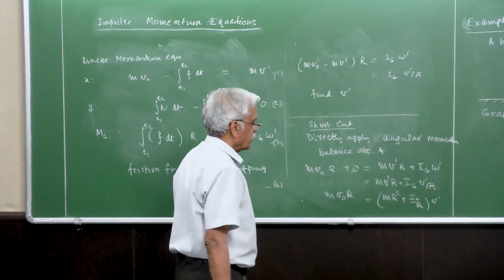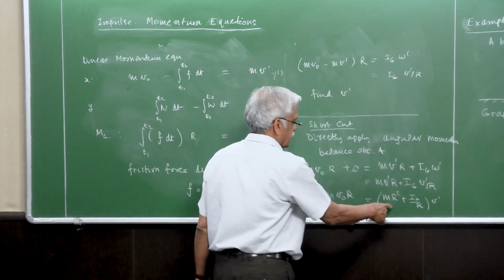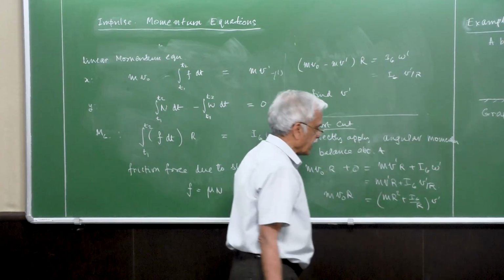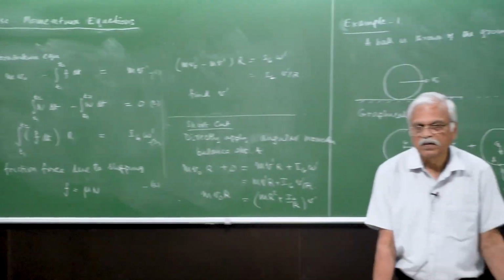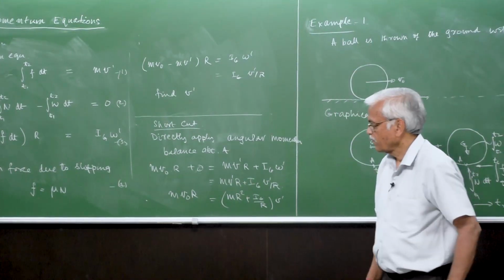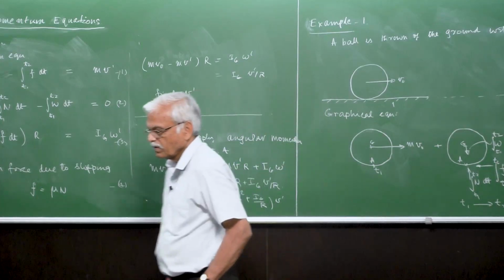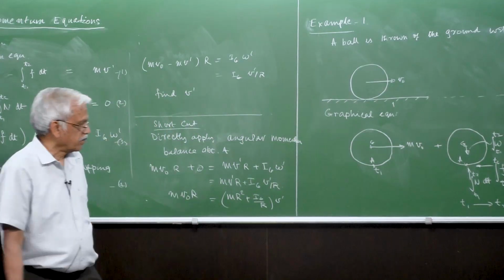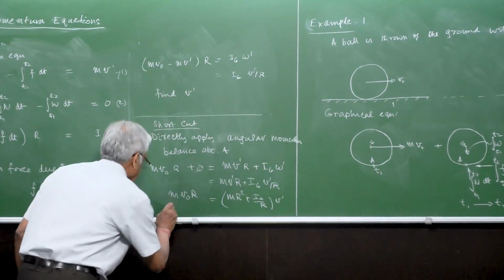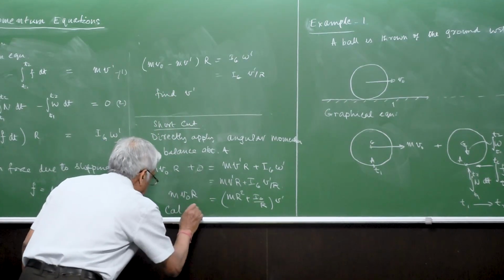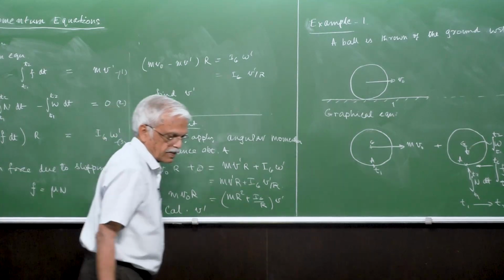This is m R squared depending upon your I. It may be a disk, it may be a ball, so depending upon it, it's half m R squared or 2/3 m R squared. So you can calculate v prime.